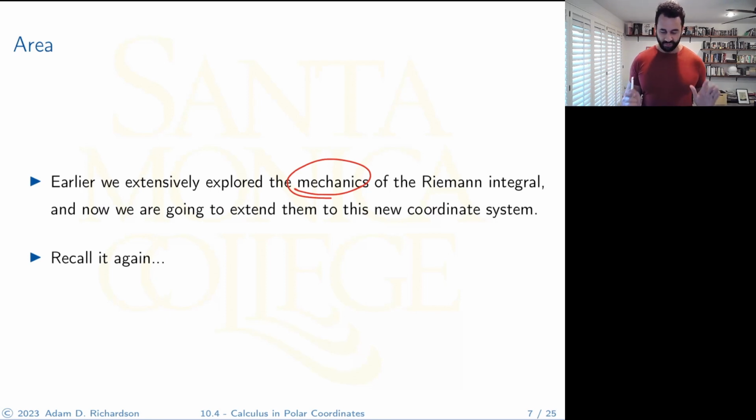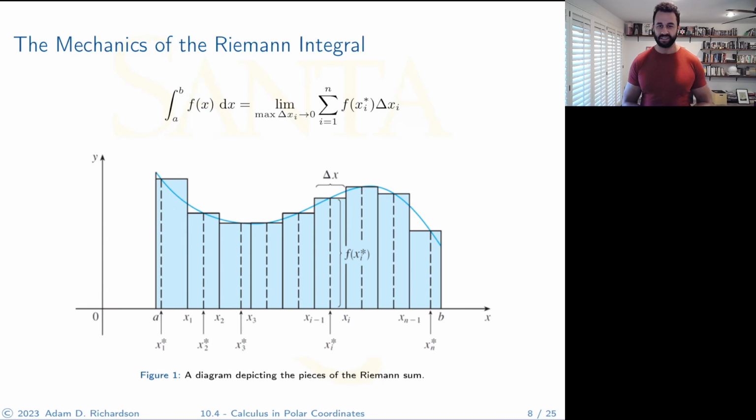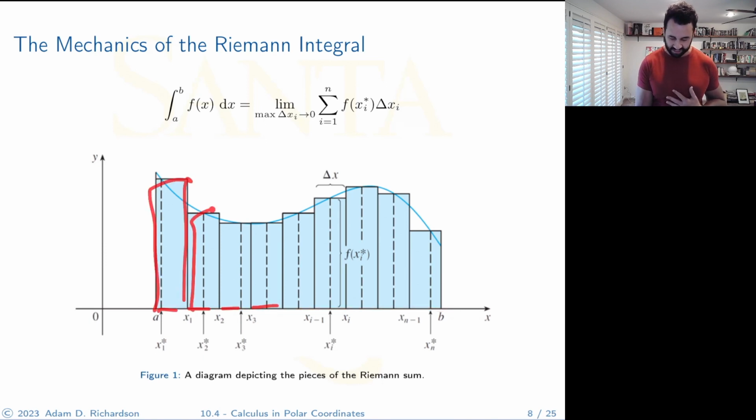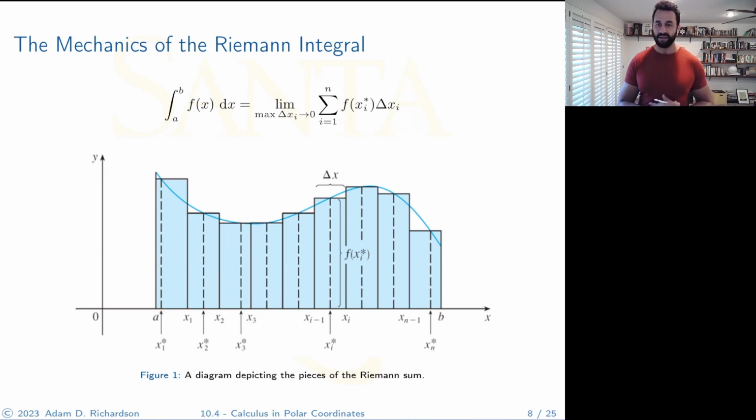So we explored the mechanics of the Riemann integral extensively before. Recall it again, because we're going to extend it into this new coordinate system. If you remember, we developed the Riemann integral by cutting up this interval into subintervals, and then constructing all of these approximating rectangles. And that's what this piece inside the sum is.